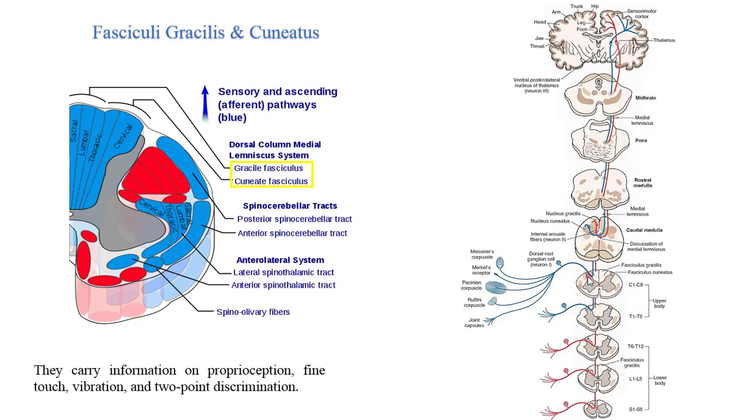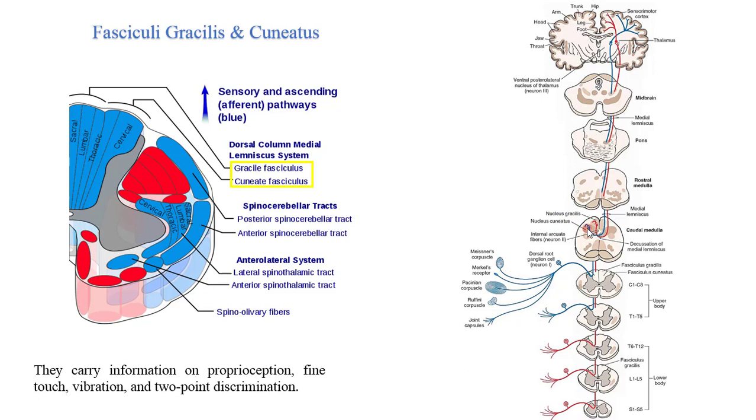These tracts extend cranially to the lower part of the medulla. The fasciculus gracilis then terminates in the nucleus gracilis, while the fasciculus cuneatus terminates in the nucleus cuneatus.